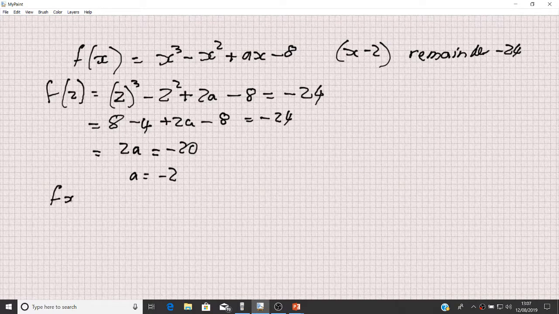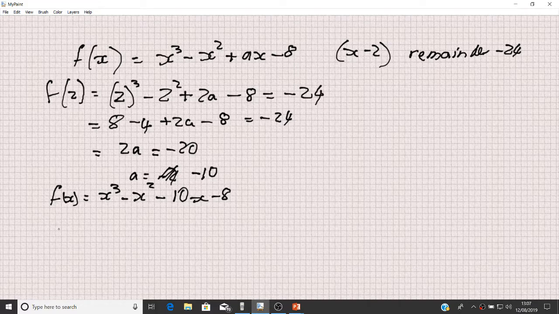So f of x we know is x cubed minus x squared minus 10x minus 8. Now I just need to erase this because we know a is negative 10. Okay, so we know the cubic now, and we're going to try and fully factorize it.